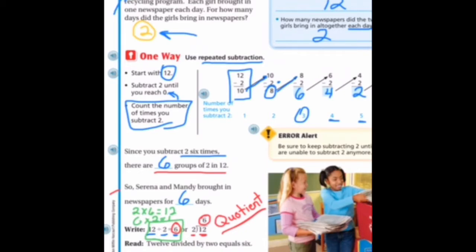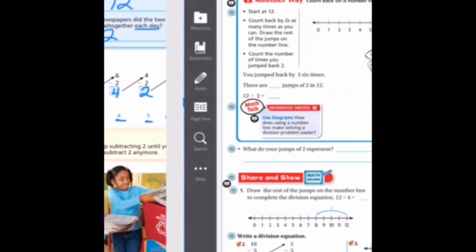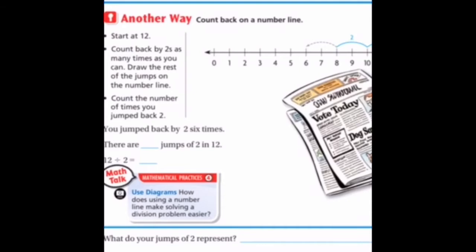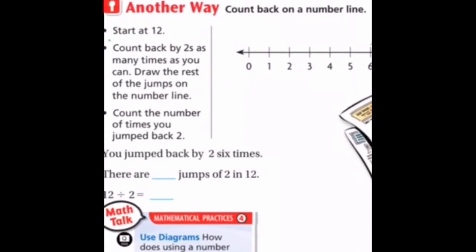Okay, boys and girls, now we're going to move over to the next page and we'll finish this up rather quickly here. We're going to count on a number line. Same principle, we start at 12, just like the other problem. Count back by 2 as many times as we can. Make sure you draw your jumps, and then we'll just count the number of times we jumped.